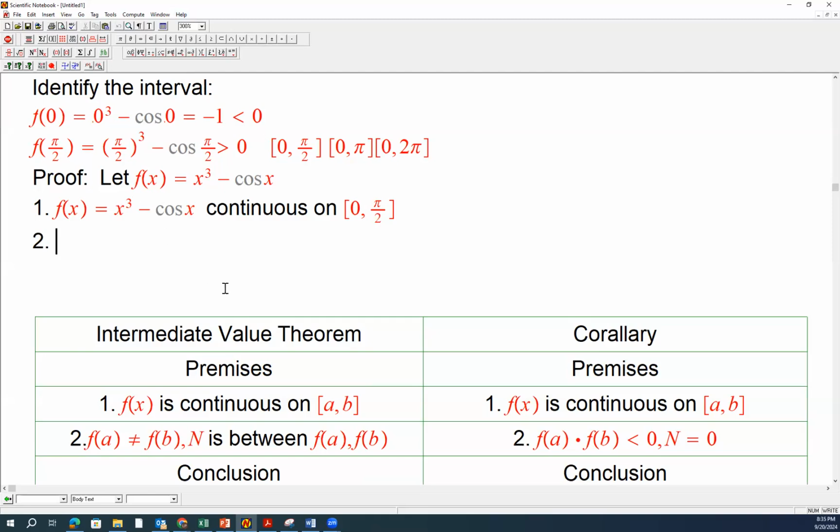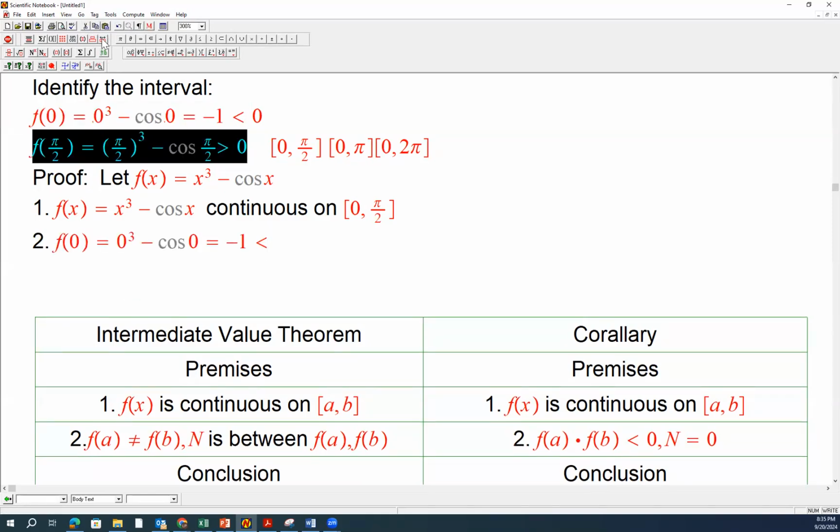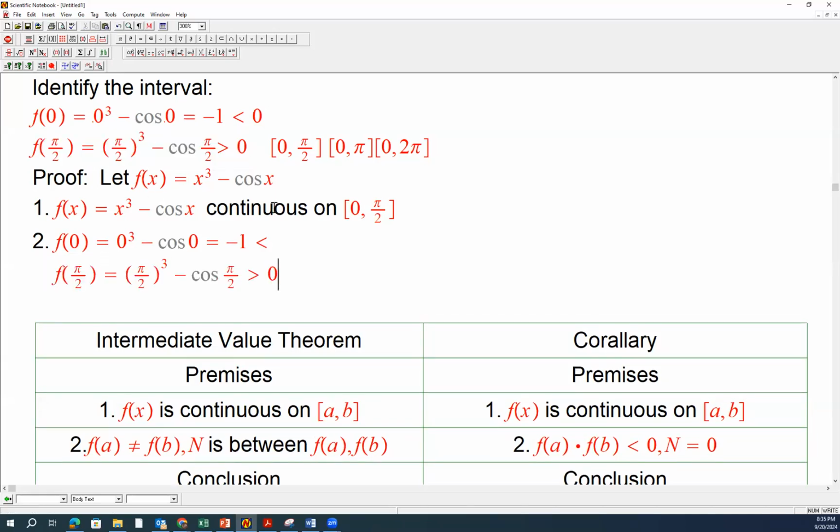So show that. And next, we're going to show f of 0 and f of pi over 2. Oops, I missed a 0. So the conditions are checked. F of a and f of b are not the same.